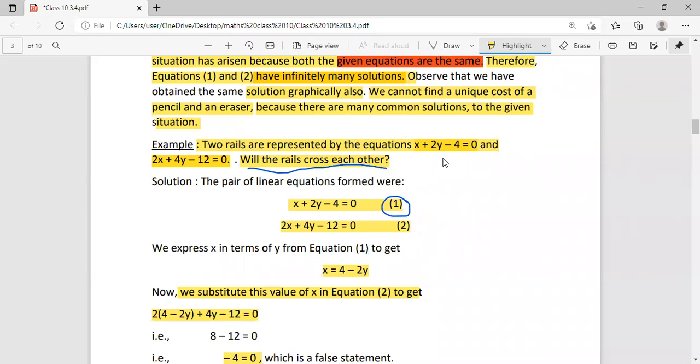If these satellites are from two different countries, you can check whether their pattern of rotating is the same, will they collide? All these things can be found out using this method.